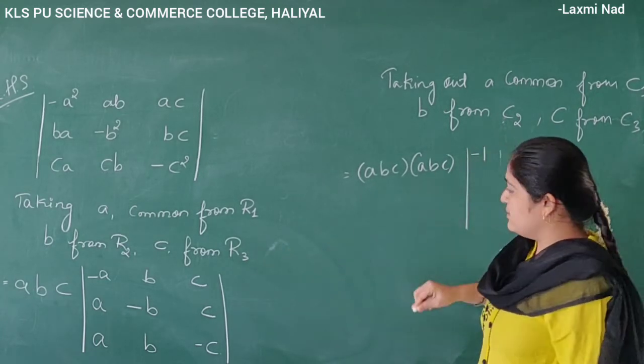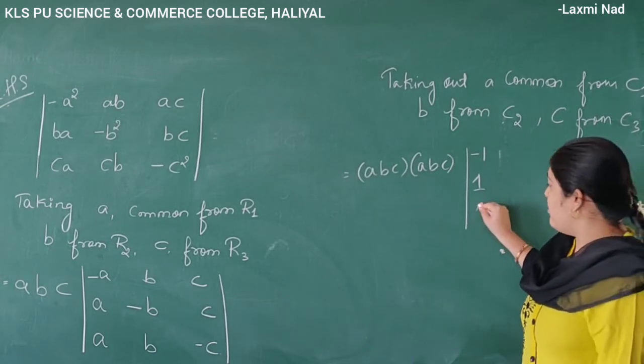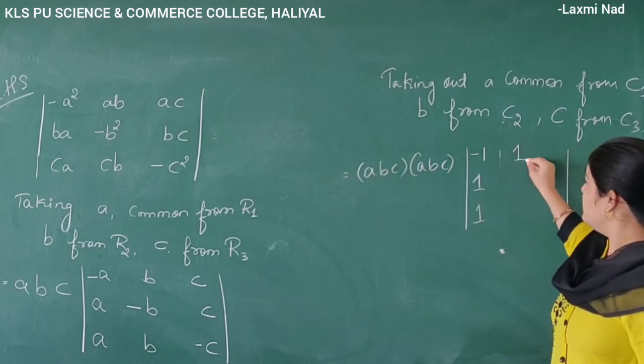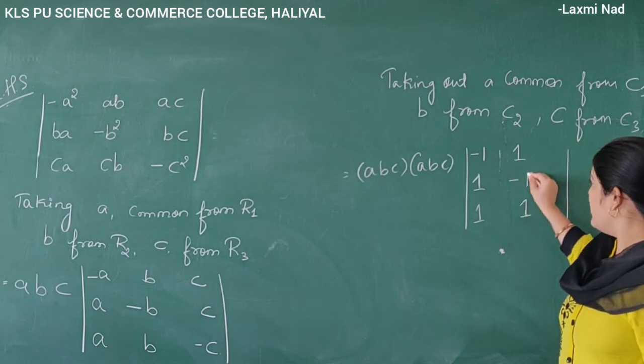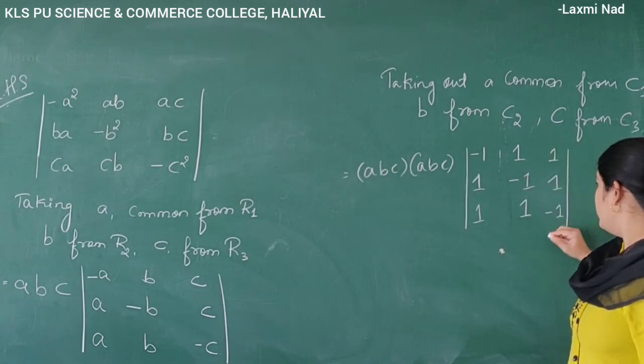So what will be left here? Minus 1, 1, 1 in the first row, because a I am taking as common, then 1, minus 1, 1, and 1, 1, minus 1.